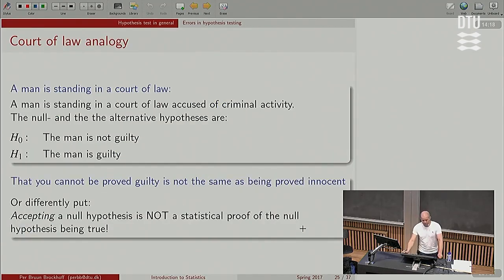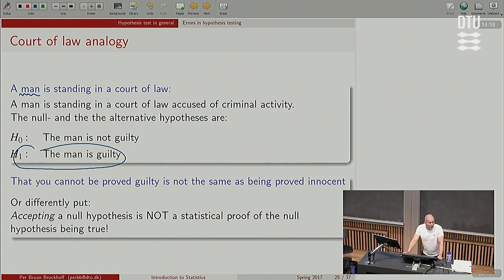The court of law analogy. A man is accused in a court of law. If we take the analogy here, the null is that he is not guilty, that he is innocent. The court of law would like to provide evidence that he's guilty, right? But that you cannot prove him guilty is not the same as having proved him innocent.